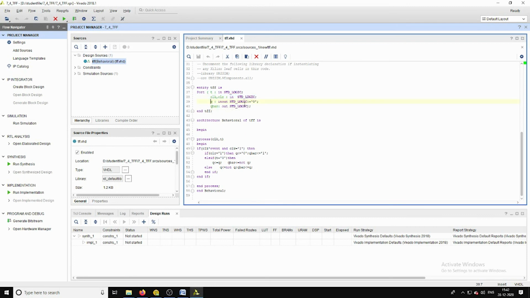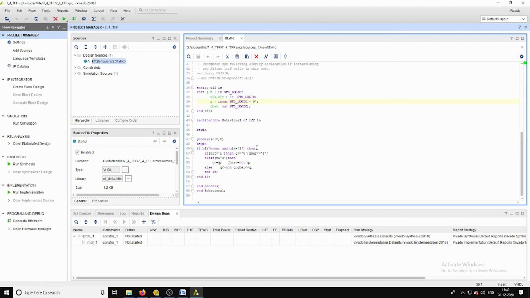Q is initially I am considering with the 0 value, for which moreover we are assigning the same Q to its next state value, so that we are assigning it as inout. By using behavioral programming style, we have considered this T flip-flop logic.